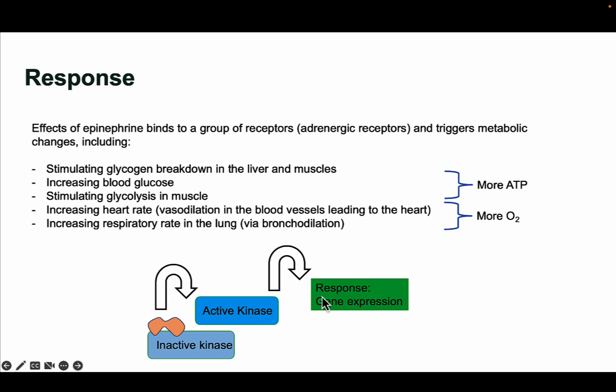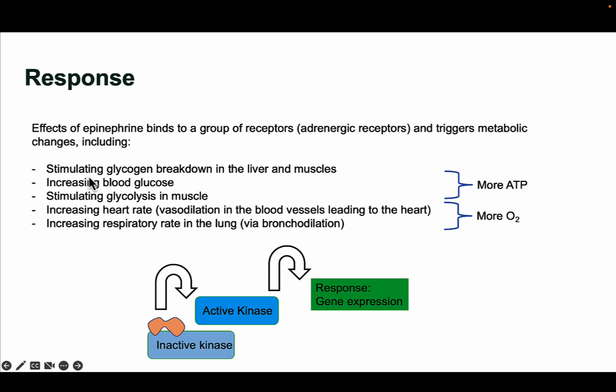So I said we triggered a gene response. What would that response look like if we were considering the effects of epinephrine? These bind to a group of receptors called adrenergic receptors, and there are different adrenergic receptors on different cells. But overall, they're all going to trigger some metabolic changes.